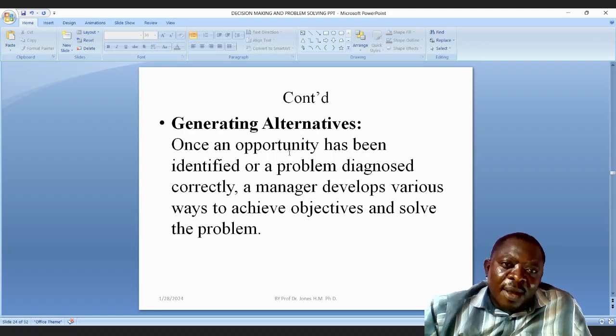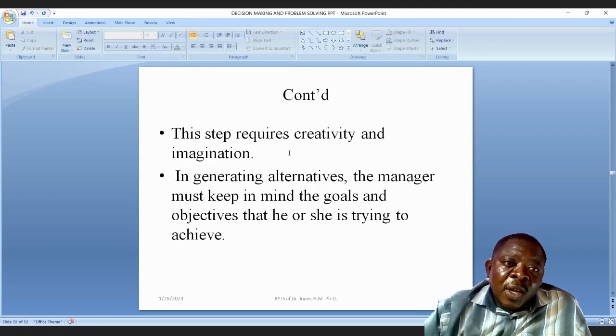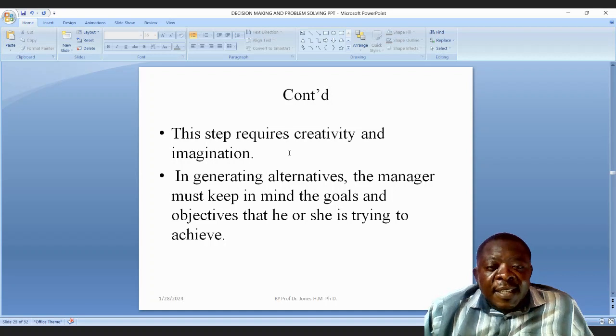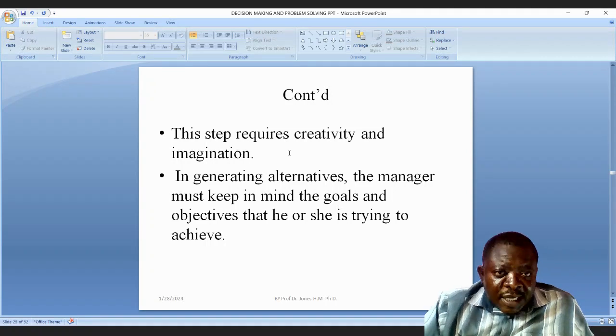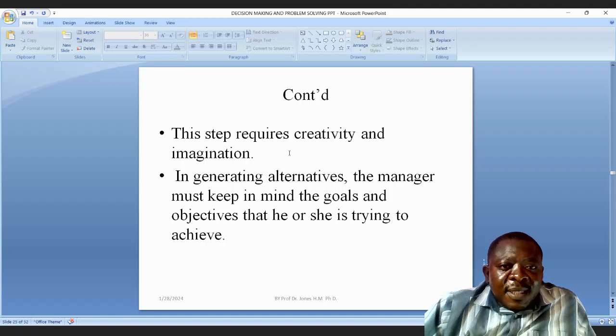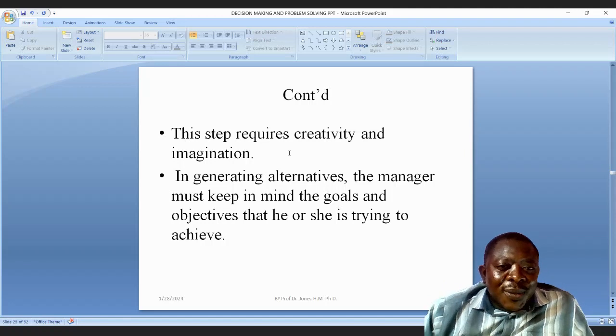That requires effective decision making. Generating alternatives as a step requires creativity and imagination. In generating alternatives, the manager must keep in mind the goals and objectives that he or she is trying to achieve.